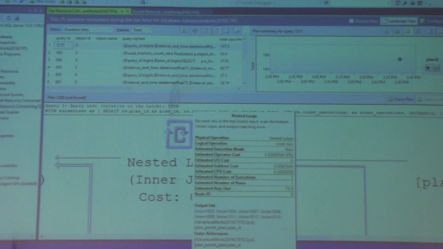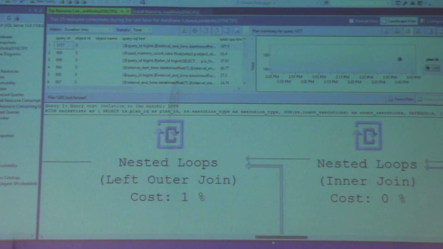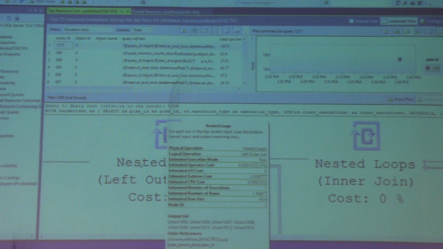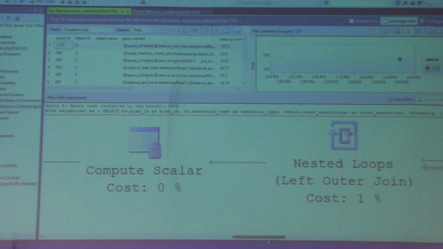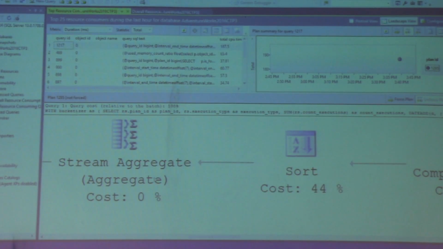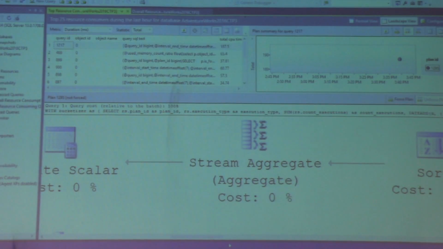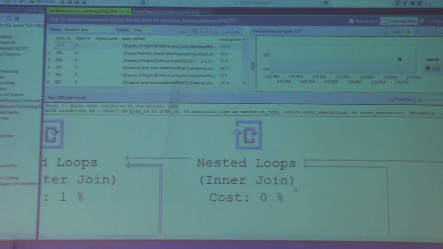We had the join. What was the cost of this join? 0%. It was very fast. We had another left join. And we computed some scalar values and we sorted the scalar value to get some aggregates. And the rest was streaming aggregates and computing with another scalar value. This query was very complicated, so that's fine.